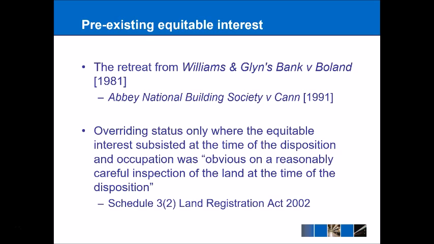I'm sure in a future lecture I'll have a chance to go over overriding interests in more detail, but for the time being we just need to refer to Schedule 3, Paragraph 2 of the Land Registration Act 2002, and this states that overriding status is only available where the equitable interest actually subsisted at the time of the disposition itself, and the occupation of the property was obvious on a reasonably careful inspection of the land at the time. So it limits those circumstances where the equitable interest will actually override and therefore helps mortgagees to a great extent.